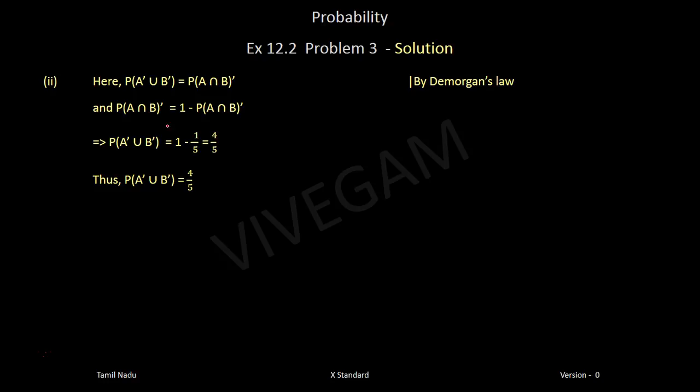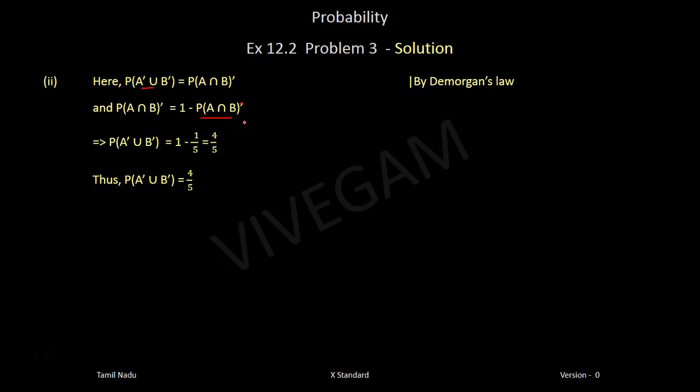So probability of A complement union B complement is what we are asked to find, but this is probability of A intersection B the whole complement by De Morgan's law. So instead of finding this, we need to find this. But probability of A intersection B the whole complement is 1 minus probability of A intersection B. I'm sorry, this complement is not there.